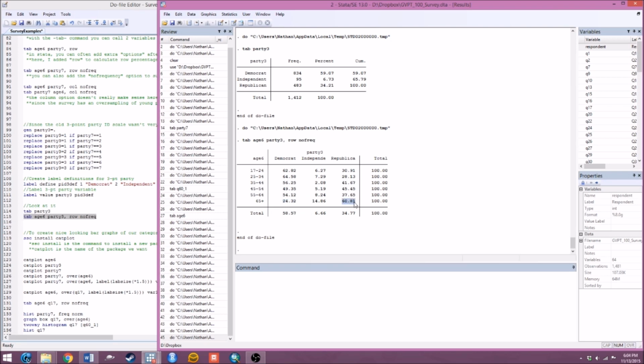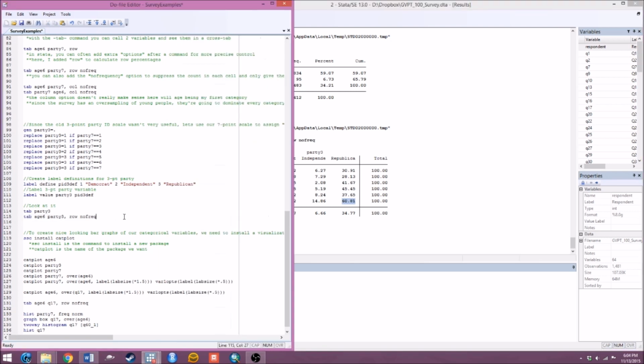Whereas they sit on the opposite side and are in fact Republicans, right? So it's a little more useful to maybe see it that way, right?